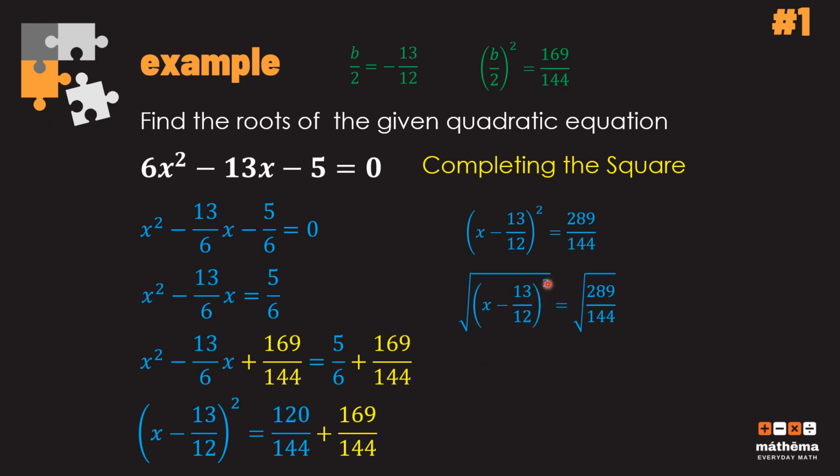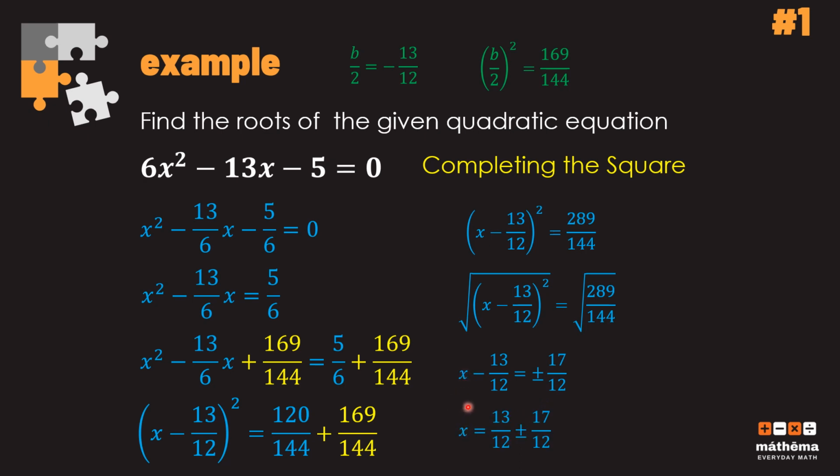So the square will be cancelled out, and what will remain is x minus 13 over 12 is equal to plus or minus the square root of 289, which is 17, over the square root of 144, which is just 12. So again, we have plus or minus 17 over 12.